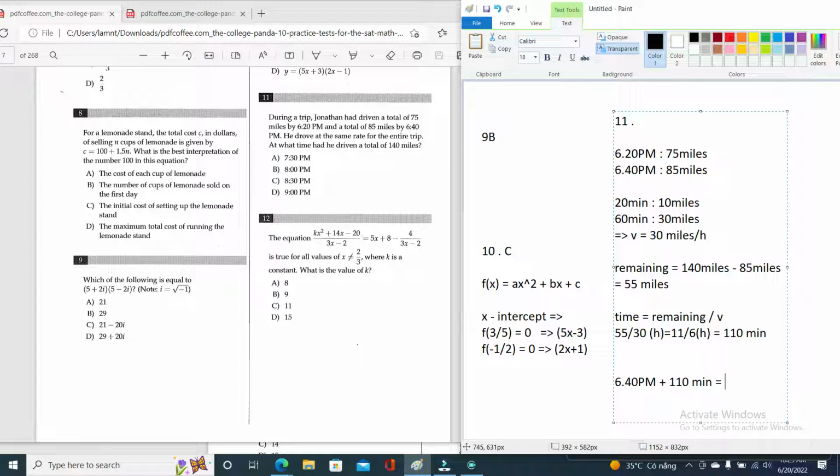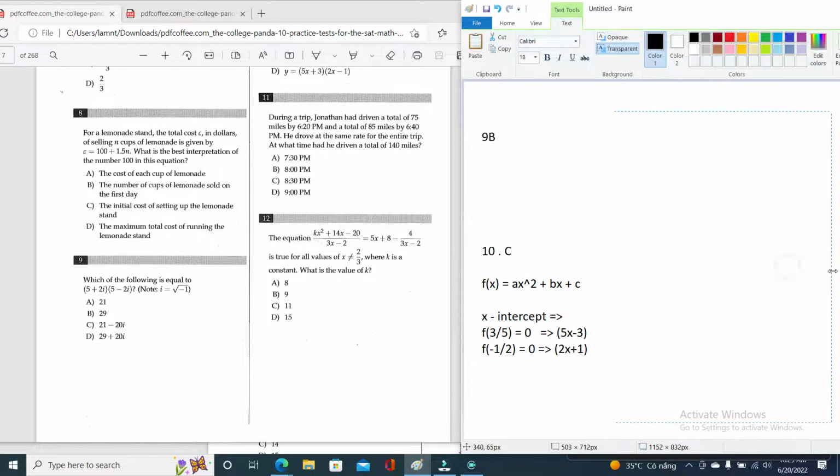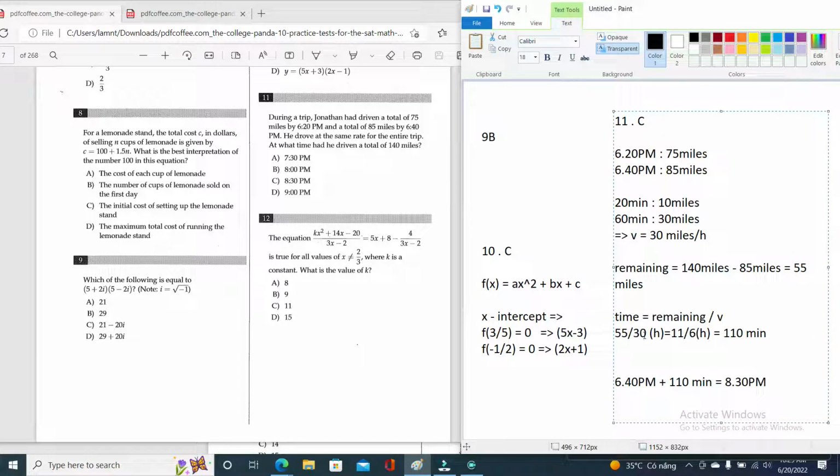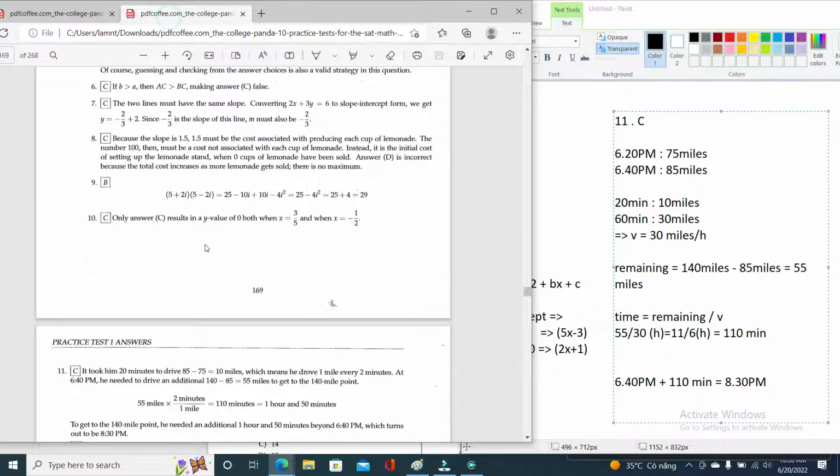So that's actually 8:30, right? All right. So let's see, 11 is C, yes.